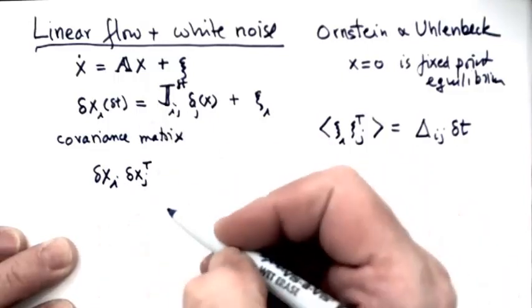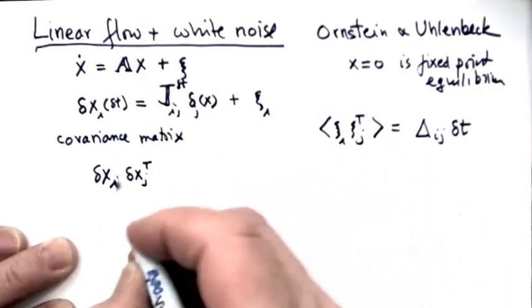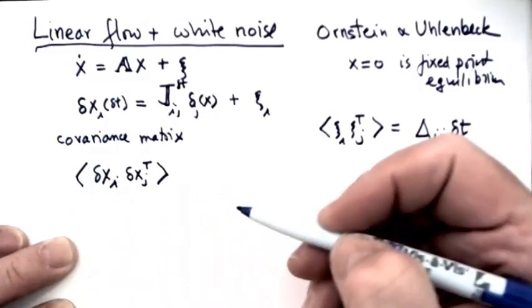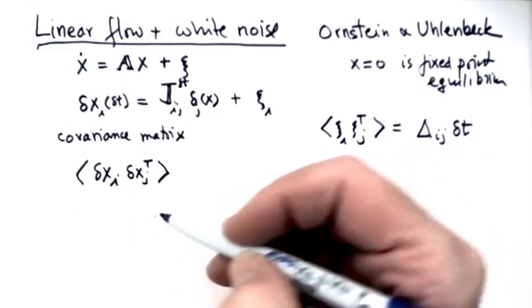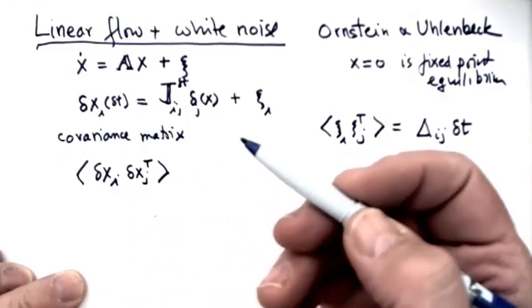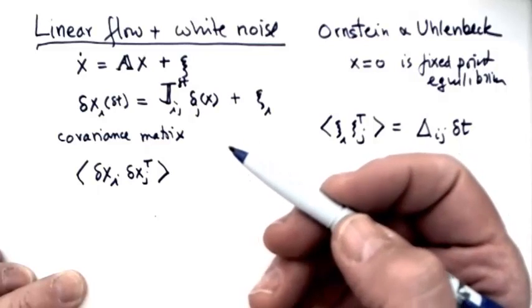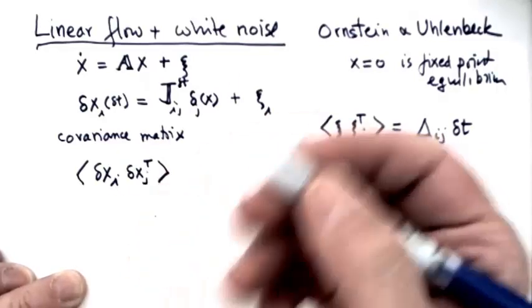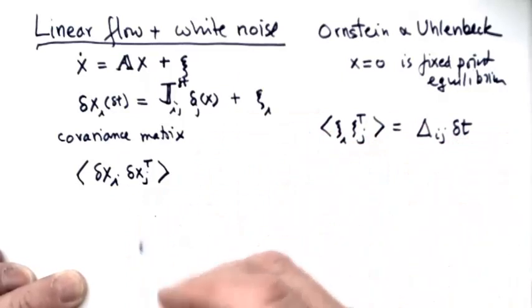So two-dimensional vectors averaged over many instances and configurations, and our intuition is that if i equals j, this is going to be a square of a positive quantity, but there will be also off-diagonal elements.